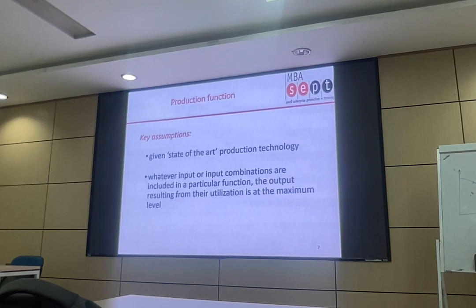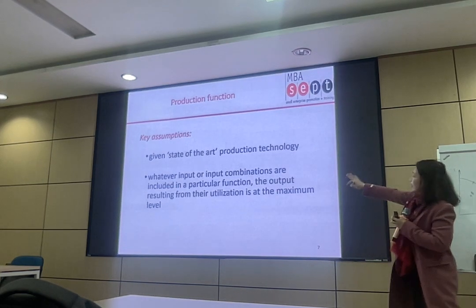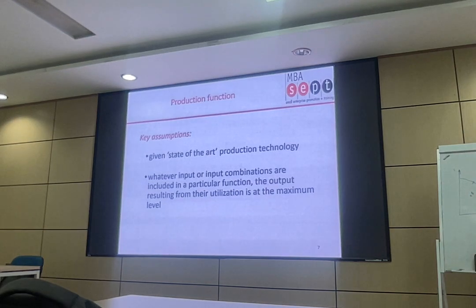All the points on this line show the effectiveness point, and we have points under and points higher than the production possibility frontier.